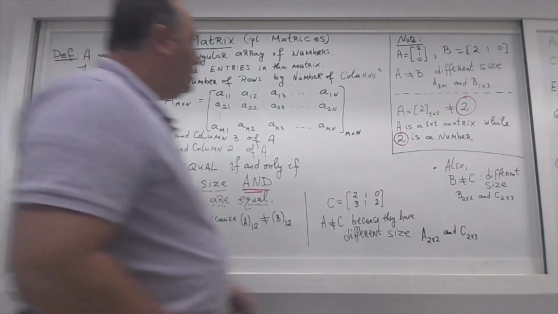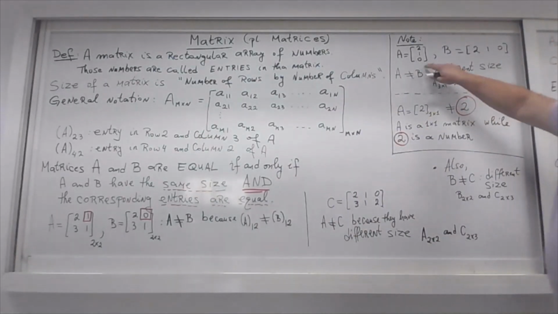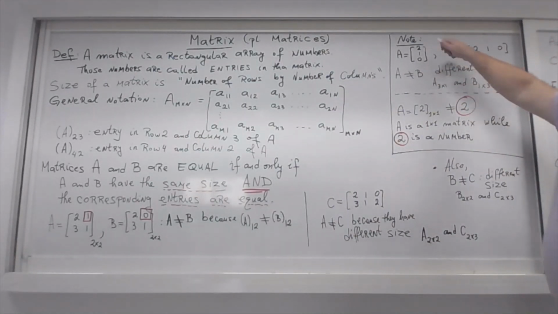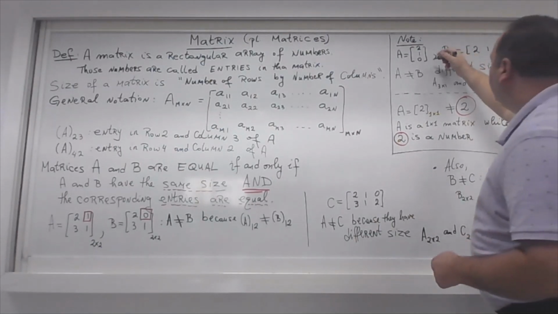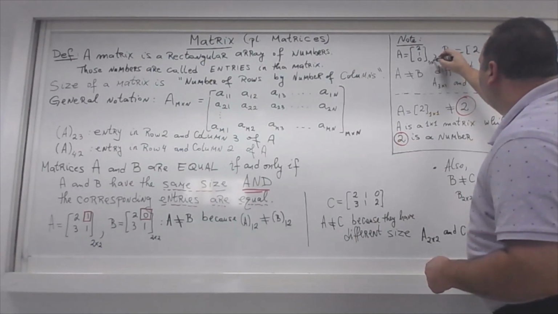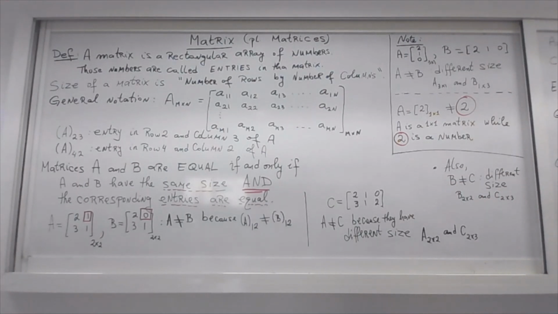For instance, here I have a matrix A, containing 2, 1, and 0, and this one is 3 by 1, so 3 rows, 1 column. And I have matrix B, which also contains 2, 1, and 0, but in a different arrangement. This one is 1 by 3.